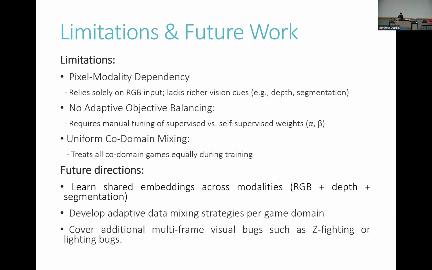In the future we can also develop an adaptive data mixing strategy for game domains. Also, for the multi-frame bugs, we currently only cover two kinds of bugs, LD bug and clipping bug, and there are other bugs like fighting or lighting. In the future we may try to cover more bugs in this model and do more testing.